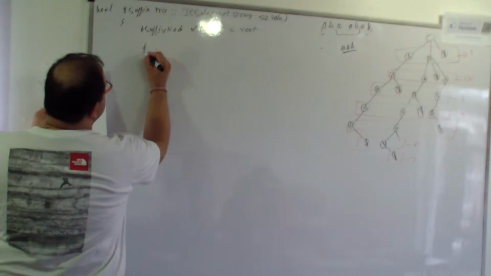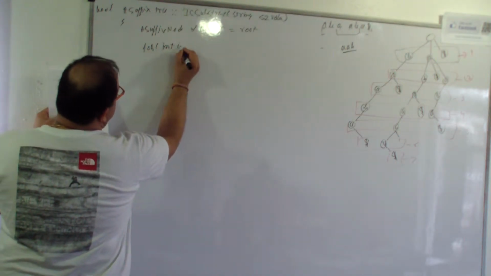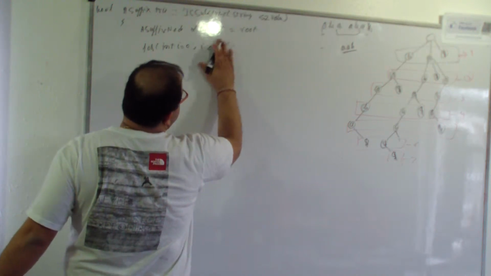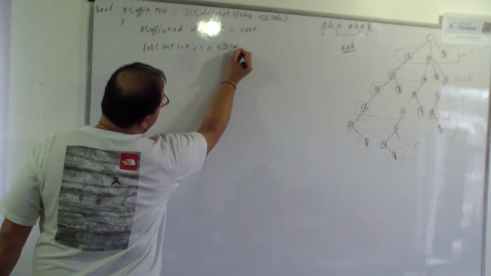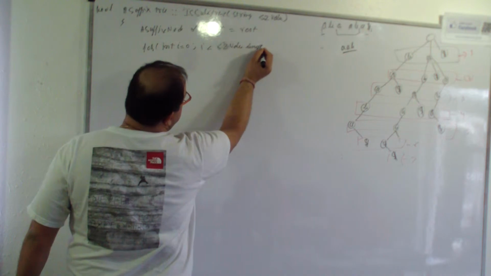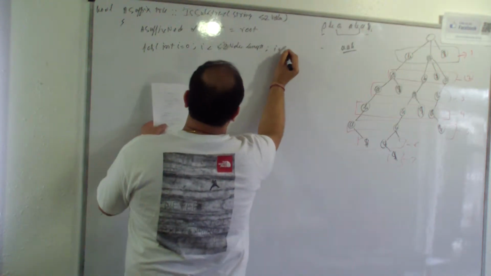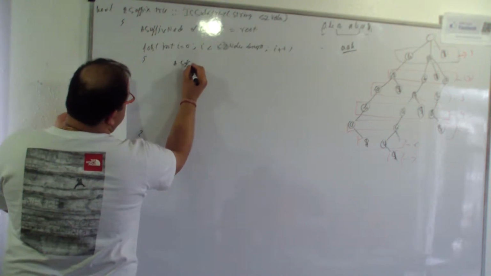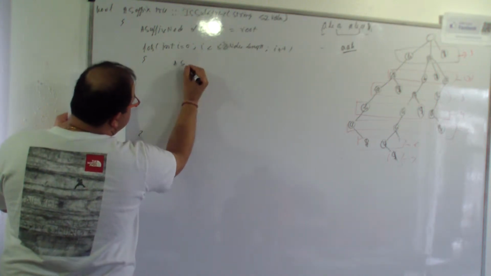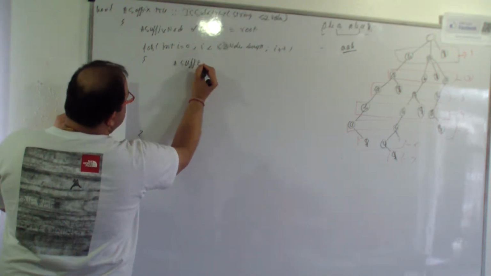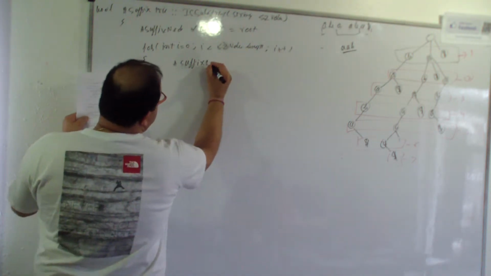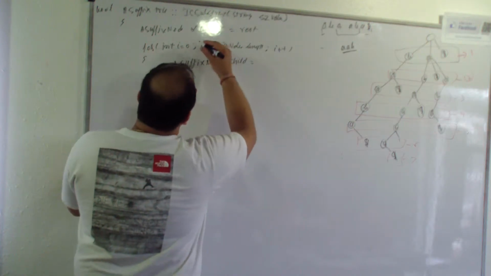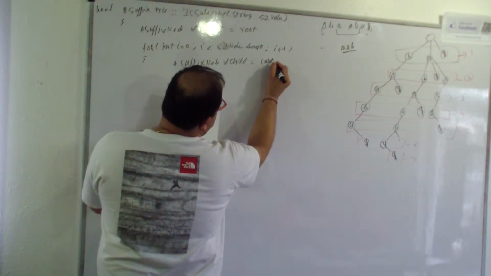Then what we do is for integer i is equal to 0, i is less than sgValue.length, i plus plus. We'll say a SuffixNode star child is equal to current. My handwriting is becoming worse. I know.